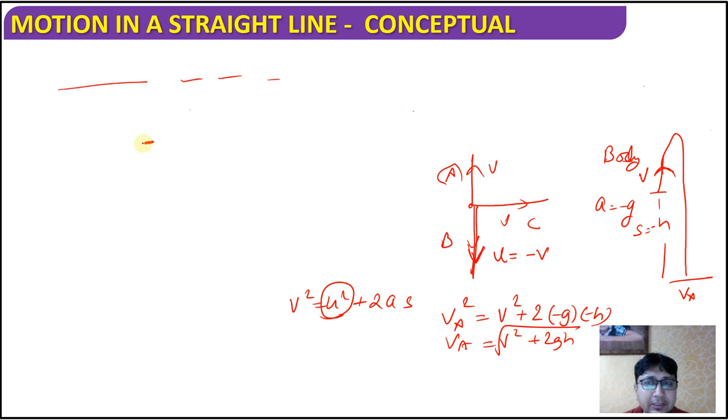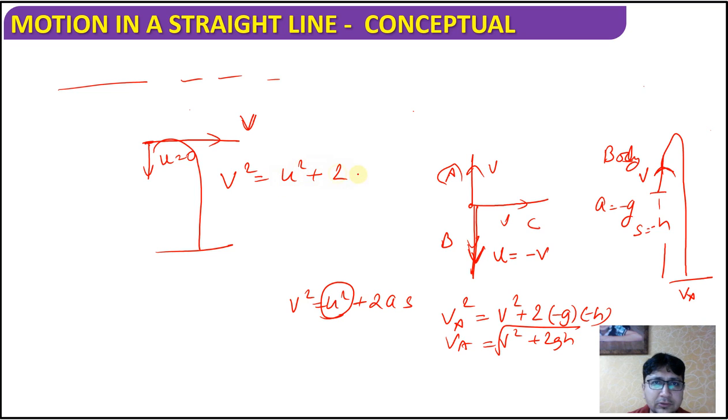Suppose the body is projected horizontally with velocity v. So guys, you must have noticed that when a body is released from a certain height, its initial velocity along the y direction will be taken as 0. So v square is equal to u square plus 2gh. Velocity along the y axis will be taken as 0. So v is equal to the square root of 2gh.